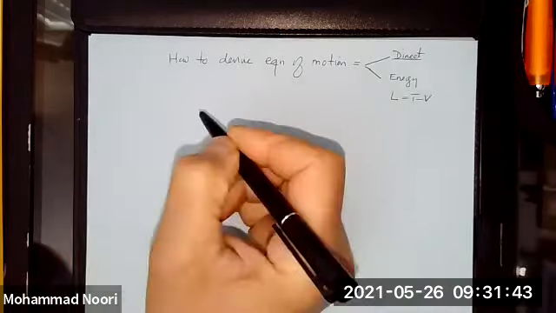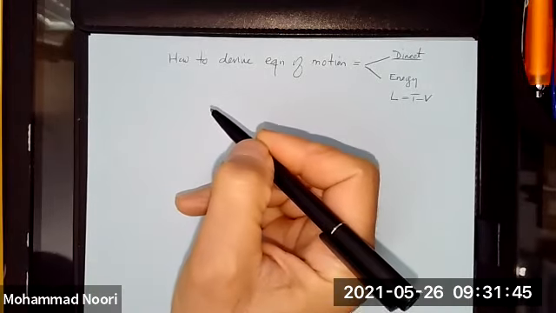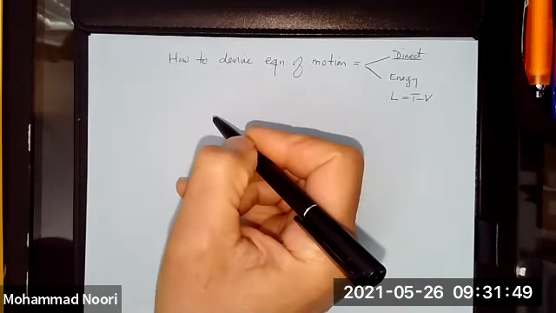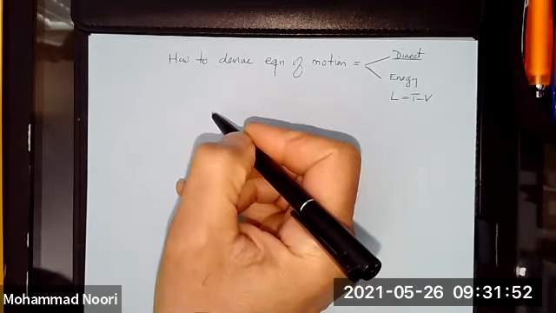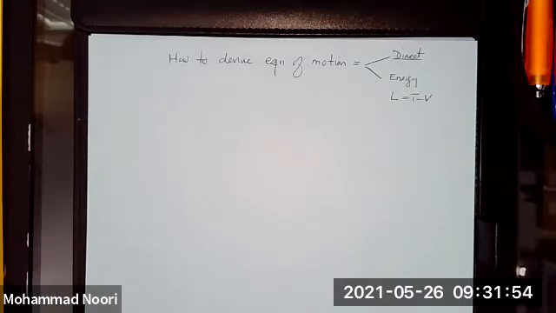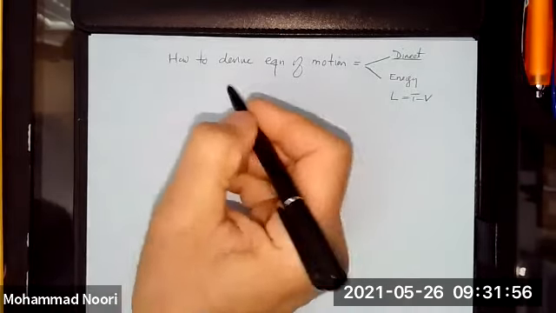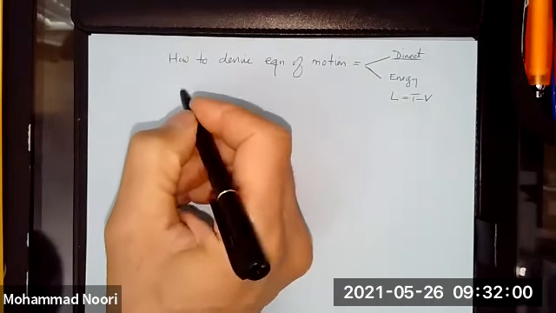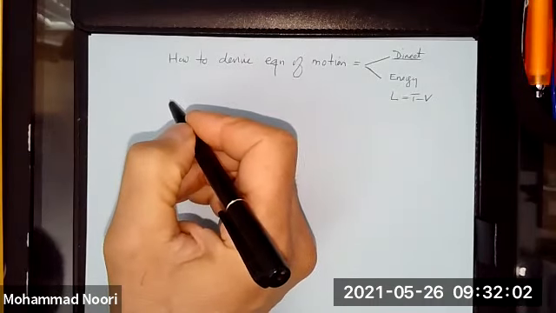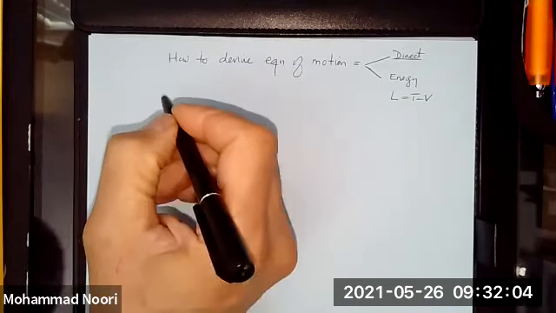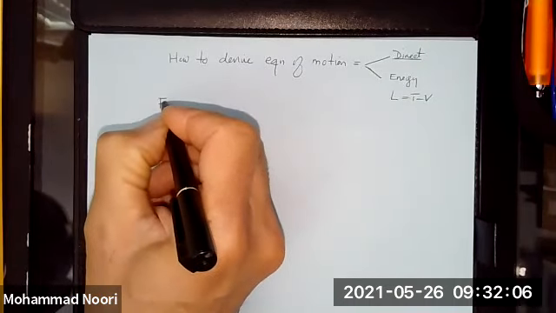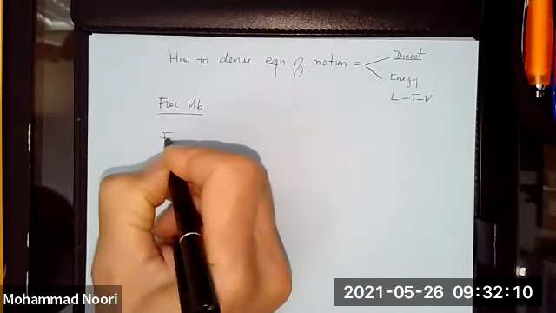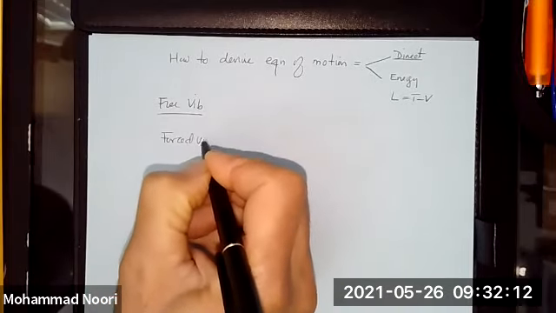Now, similar to the case of single degree of freedom systems, if you recall that, what did we do? We introduced the equation of motion. Then we said, okay, let's do this. We're going to look at two cases, free vibration and forced vibration.